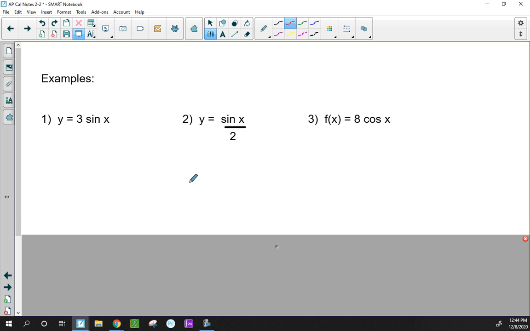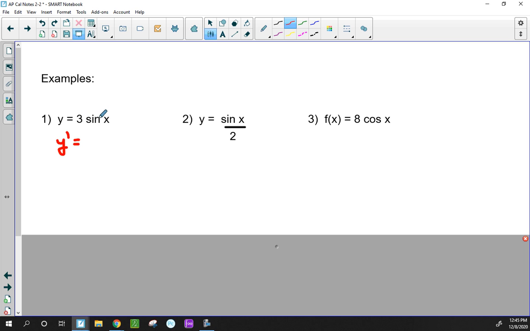Okay, so let's take a look at some examples here. There's different ways to write them. In number 1, it's very straightforward. It should say find the derivative. y equals 3 sine x. So we're going to jump right in. y prime equals, and this is a coefficient of the trig function.